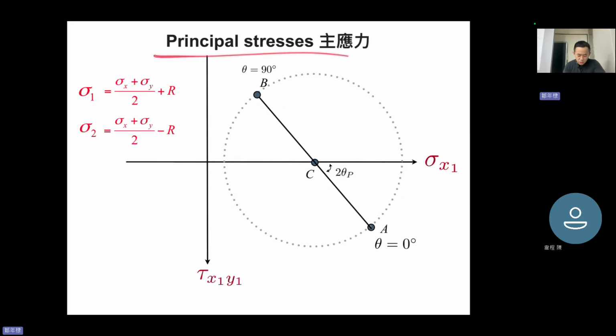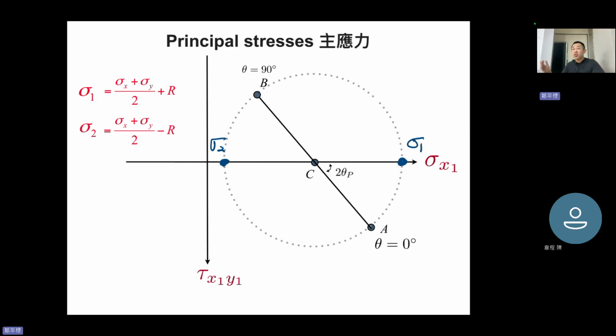How about principal stress? Principal stress is maxima sigma x, or minima sigma x. So you can immediately tell me where is the sigma 1 here, and where is sigma 2 here.